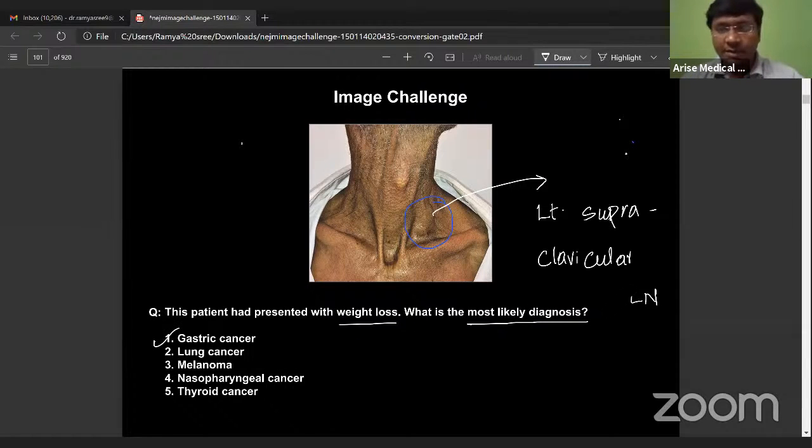This left supraclavicular lymph node is nothing but your Virchow's lymph node, also called the Troisier's lymph node.